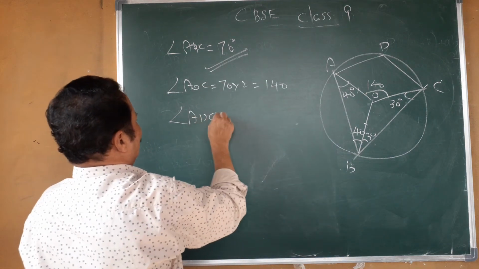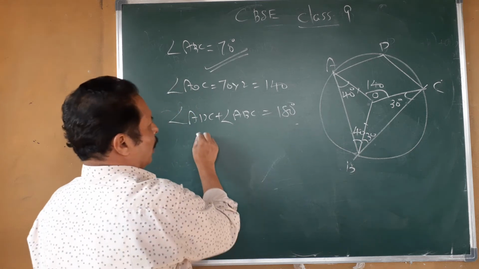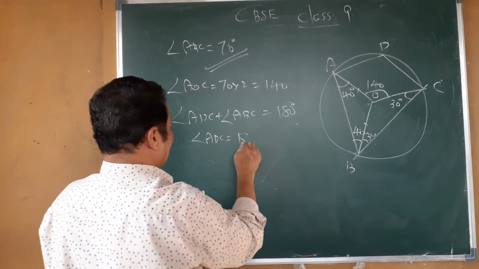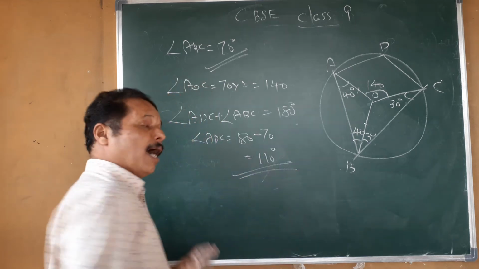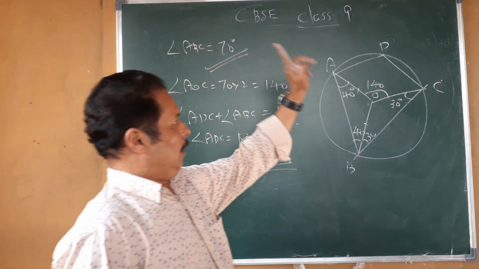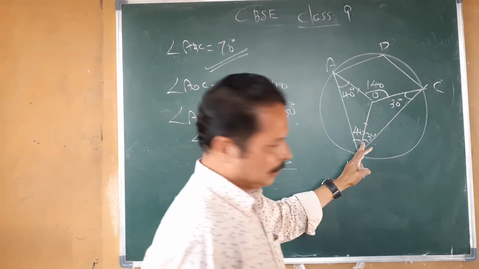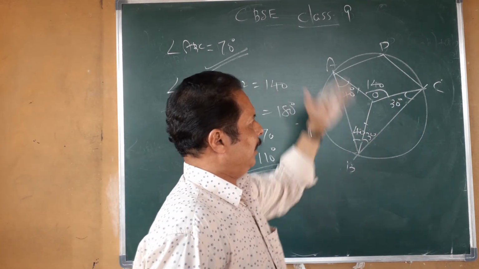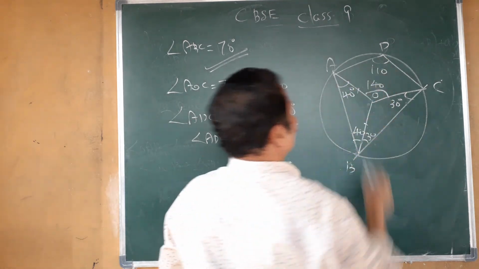By the cyclic quadrilateral theorem, angle ADC plus angle ABC equals 180. Therefore, angle ADC equals 180 minus the opposite angle 70, that is 110. Total is 70, double is 140. Here it is 180 minus 70 equals 110.